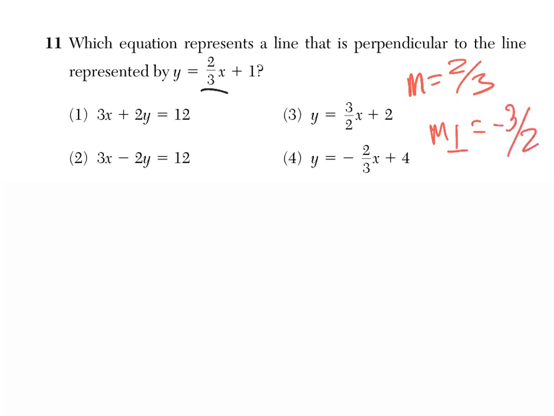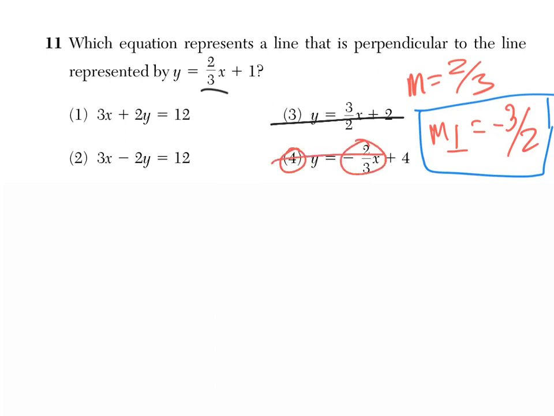We flip the numerator and the denominator. This is the slope that we're looking for, that ideally is in one of these equations from options 1 through 4. When I'm looking at option 3, I can see that the slope is 3/2. Well, that's no good, so we can eliminate that. I also notice that when we look at option number 4, the slope is negative 2/3. That's not the slope we want, so we can eliminate both 3 and 4.